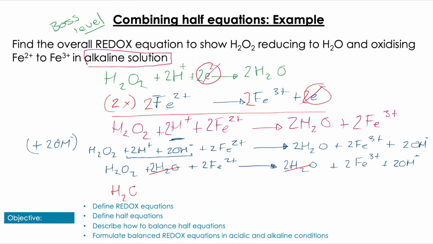So we can just cancel those out like the electrons. So now we see that H2O2 reacts with 2 Fe2+ to produce 2 Fe3+ and 2 OH-. And that is our overall equation in an alkaline solution. And yes, this one is more involved, but again, following your steps and you'll still come to the correct answer.